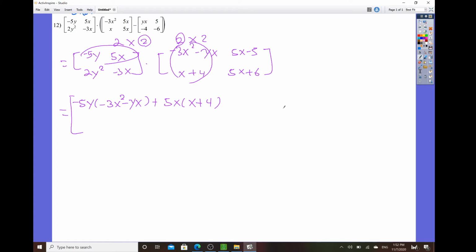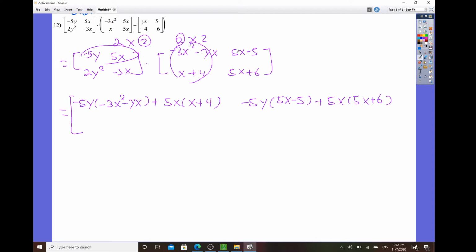What about the second entry for the resulting matrix? Same thing, row times column: negative 5y times 5x minus 5, plus 5x times the quantity 5x plus 6.